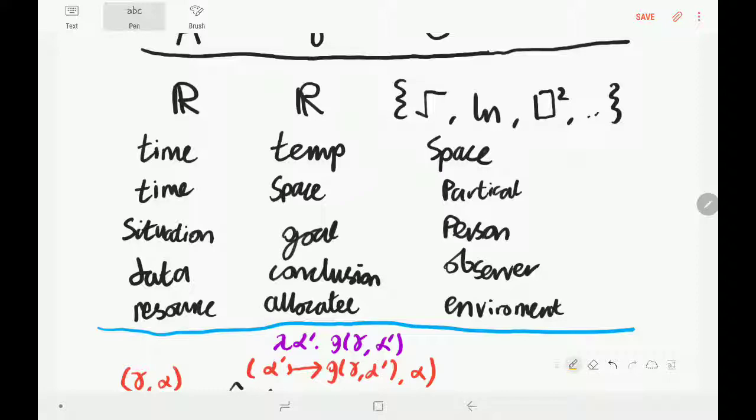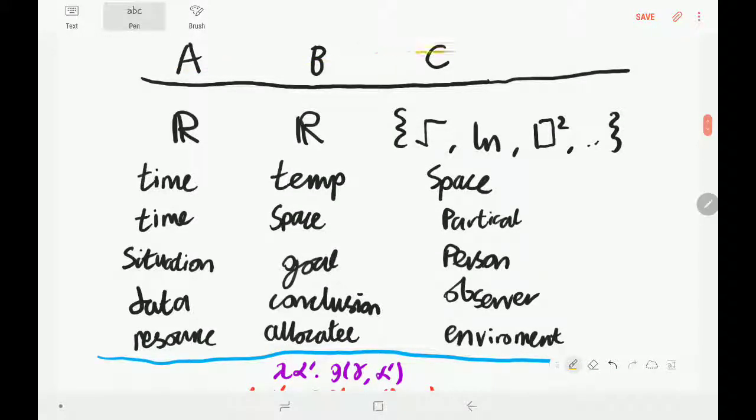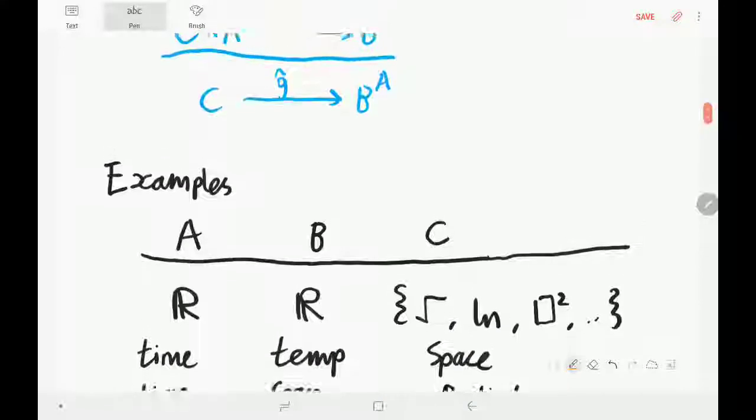So for example, let's let this A, B, and C here be time, temperature, and space.